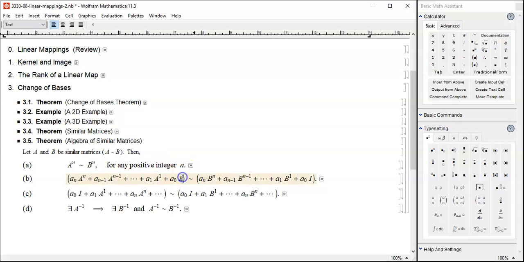A polynomial expression of A and a polynomial expression of B are similar, we proved that too. A power series expression of A and of B are similar as well, and we didn't go through all the details, but I'll leave them to the students. And finally, if one is invertible, the other is invertible as well, and moreover, the inverse matrices are similar as well. That one I'd really like to leave as homework because it's a really good problem.